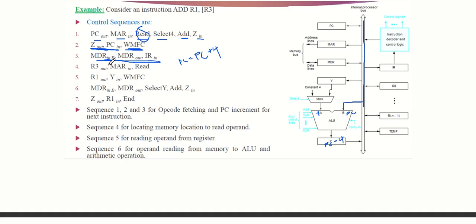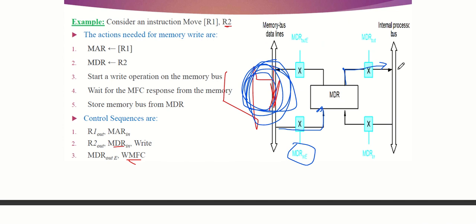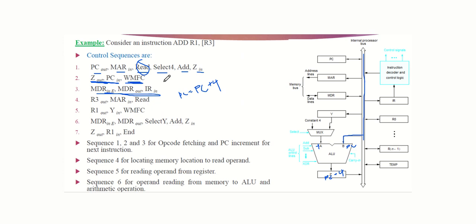So we say MDR in external because the MDR is picking the external data which was read in the previous cycle. And we have to say MDR out. MDR out will put the data, which is the instruction actually, onto the bus, right? Once it puts it onto the bus, what we actually want to pick is an instruction, so we have to put it into the instruction register.